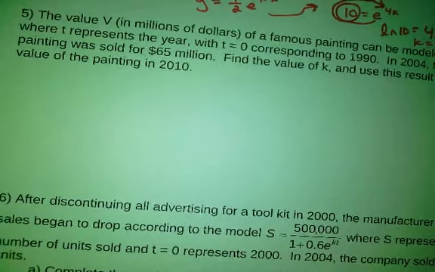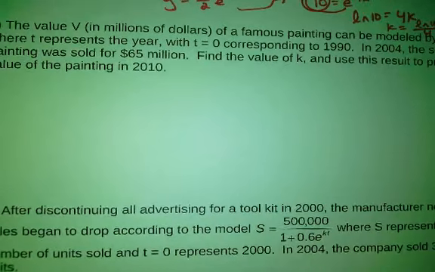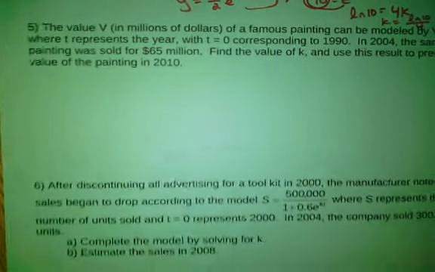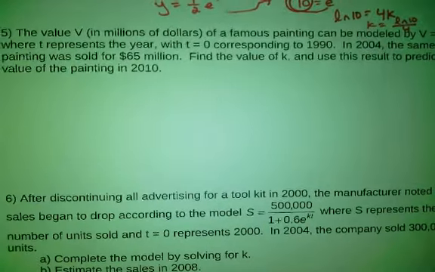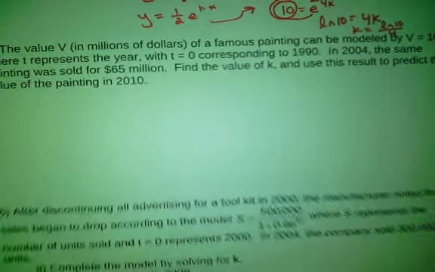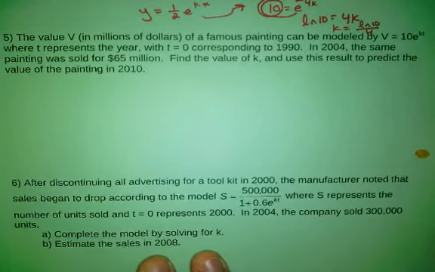Let's do 5. Same problem, but now with actual words and a whole meaning to doing it. Zoom out a little bit. Oh, we're talking about art. Love it when I talk about art and math.